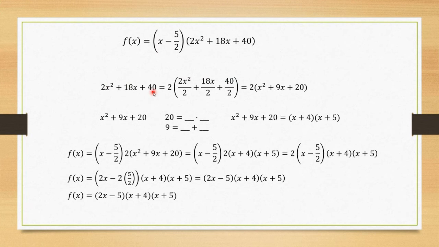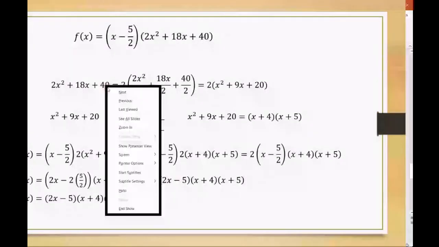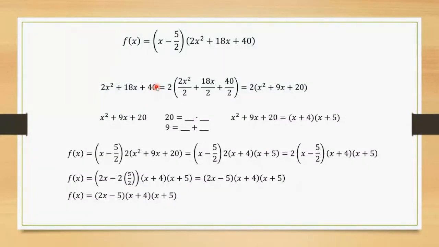Okay? And then we can factor that out. That's what I'm doing. You pull it out in front and you divide. You have 2 in front. The 2's cancel. You get x squared, as you can see. 18x/2 is 9x. 40/2 is 20. And now what's nice is this is actually pretty easy to factor.